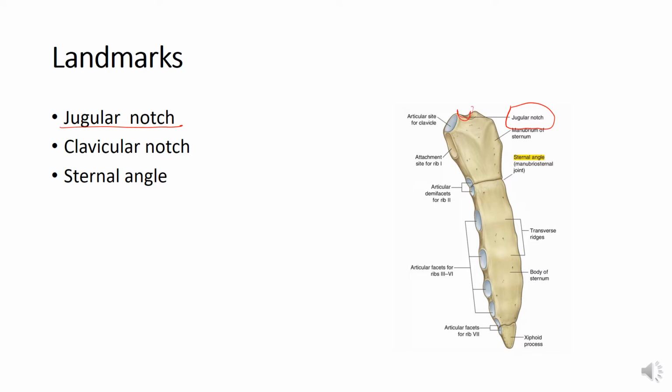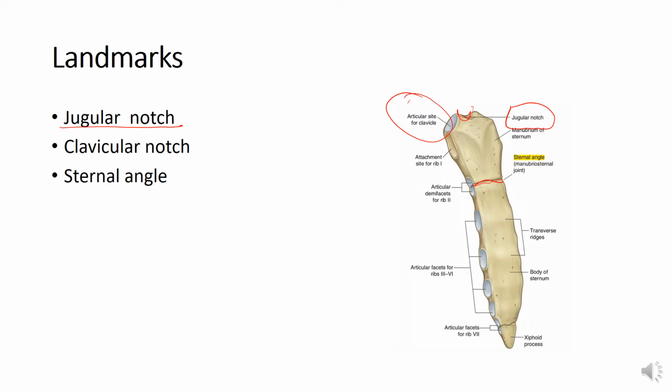Then there is the clavicular notch, which is for the articulation with the clavicle. And then a sternal angle. If you put your finger in the jugular notch and go down, you can feel a prominence.